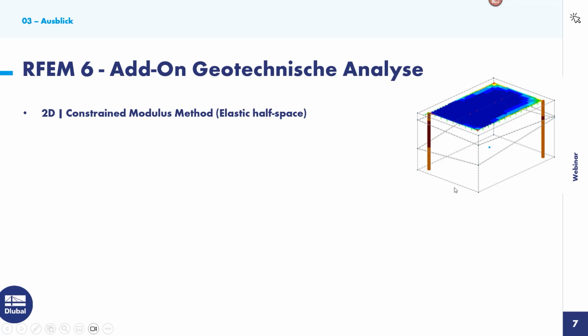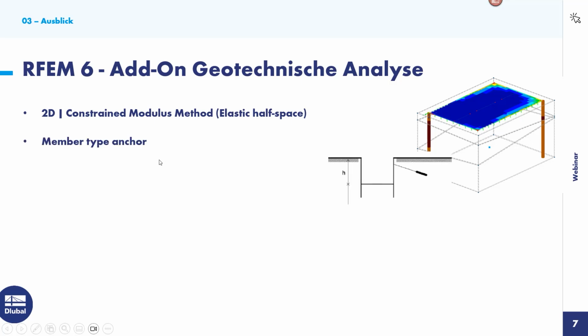This means that if this option is used, it wouldn't be the full 3D finite element analysis for the soil. There the soil would be considered as surface support, where the support coefficients are calculated in an iterative process with consideration of soil structure interaction.